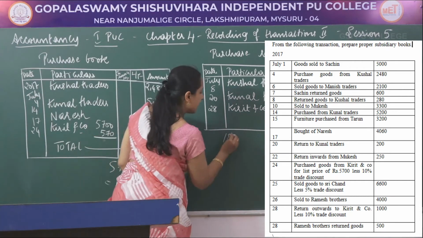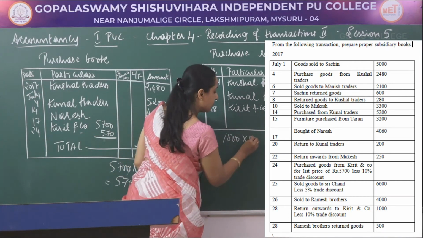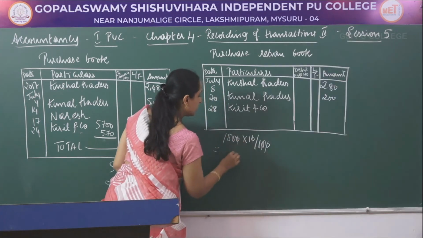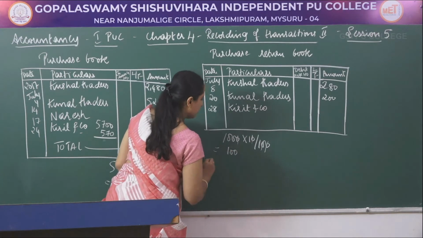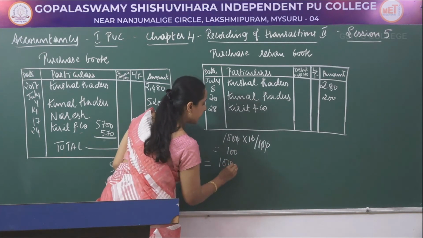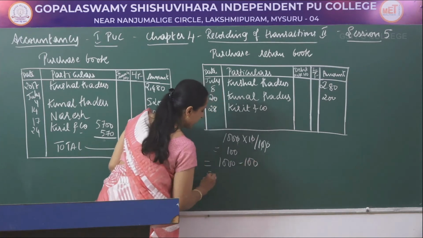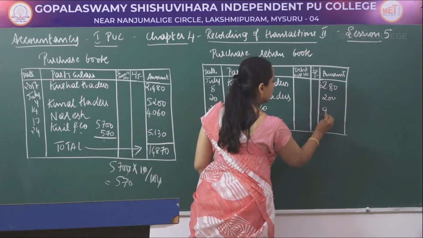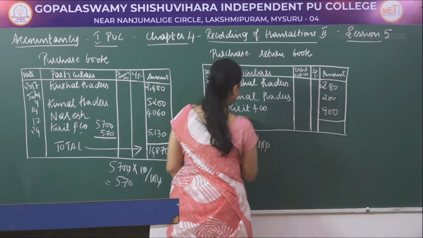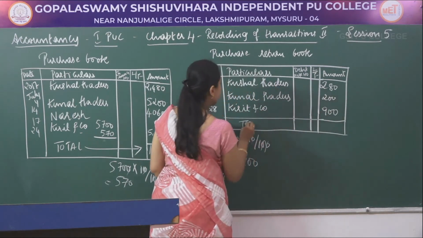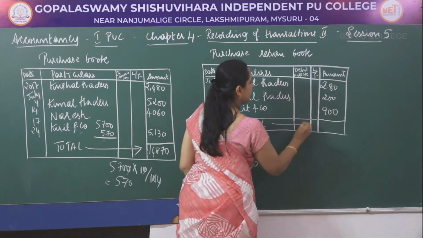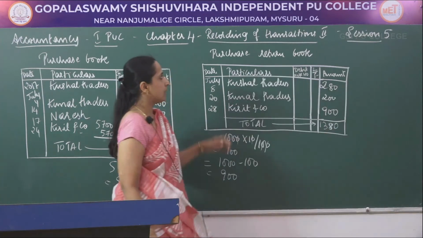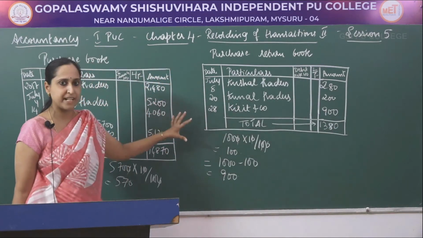From 1,000 we have to subtract the 10% discount. 10% discount comes to 100. So from 1,000, if I subtract 100, it comes to 900. So we are returning 900 worth of goods. So these are the transactions which come in the purchase return book. So this is the purchases book and purchase return book.